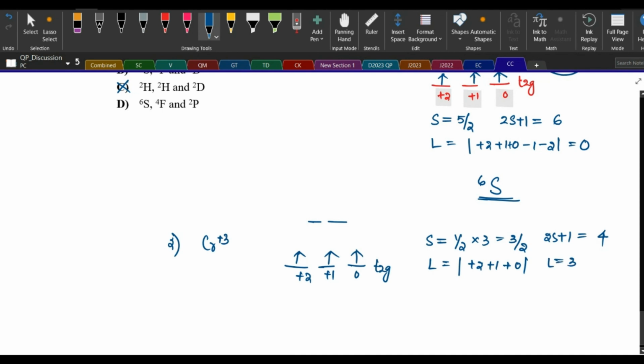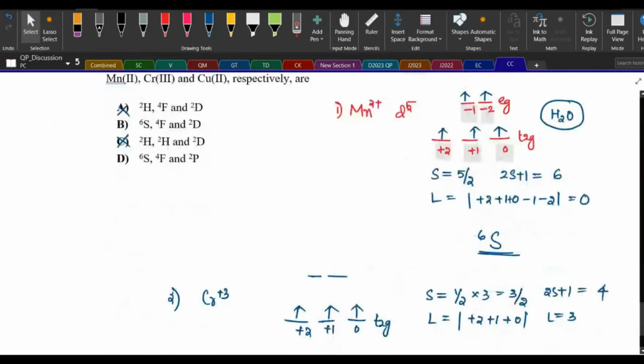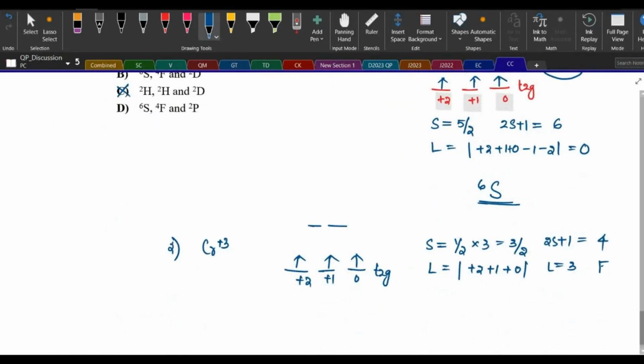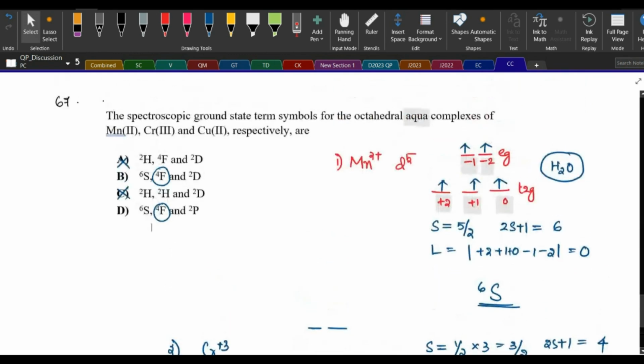If L equals 3, what comes? F. So it is a quartet F. Okay. All right.